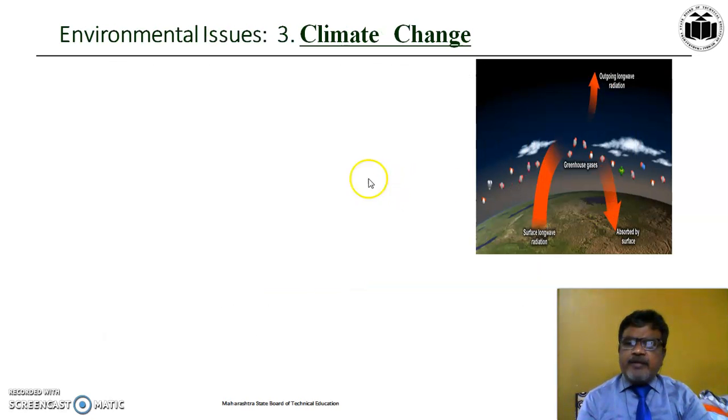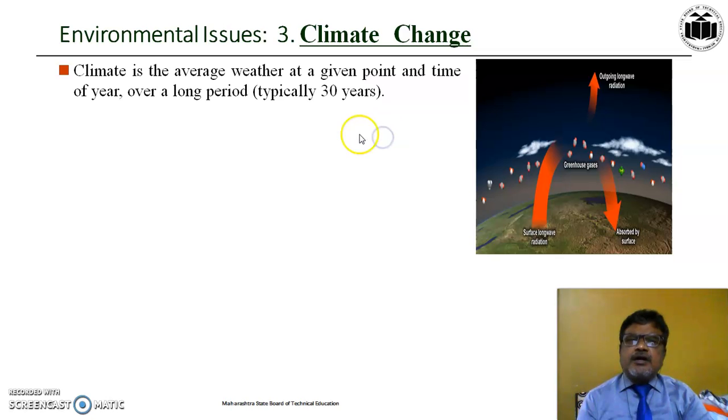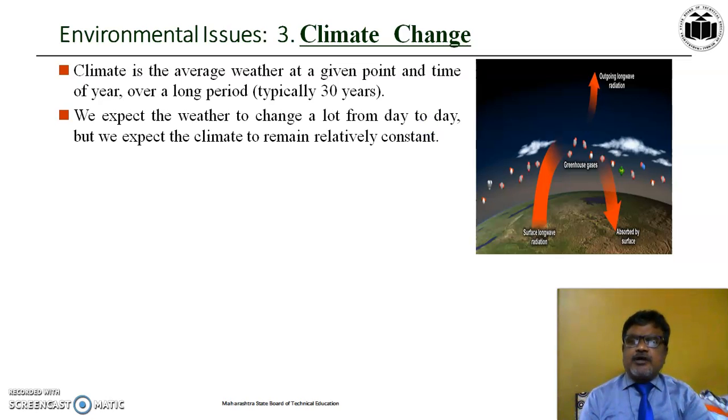Now, the third environmental issue is climate change. Climate is the average weather at a given point and time of year over a long period, typically 30 years. We expect the weather to change a lot from day to day, but we expect the climate to remain relatively constant.